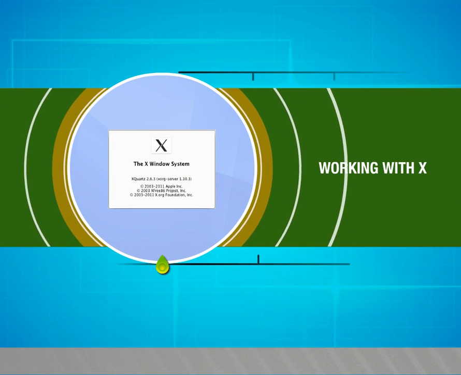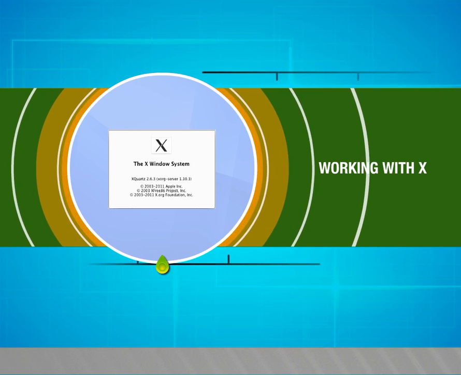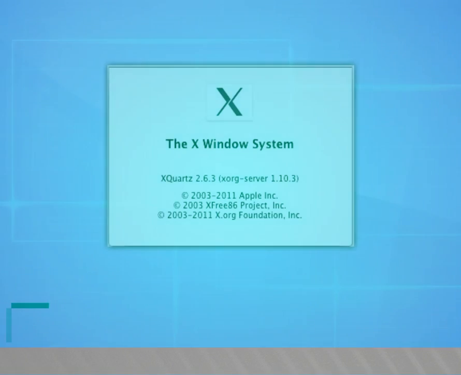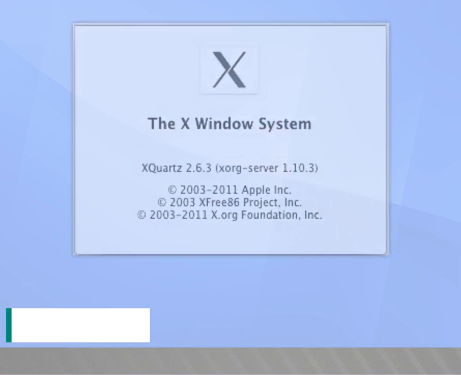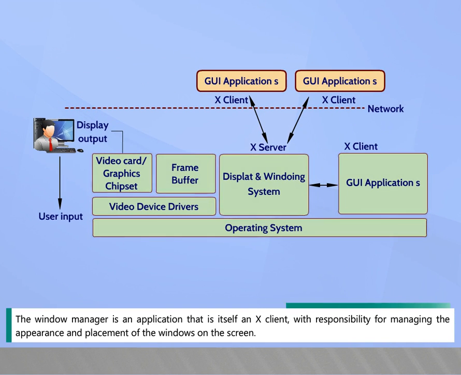Working with X. In this video, we are going to see about working with X. When you run the X Windows system, the server manages the display based on requests from the window manager. The window manager is an application that is itself an X client with responsibility for managing the appearance and placement of the windows on the screen.